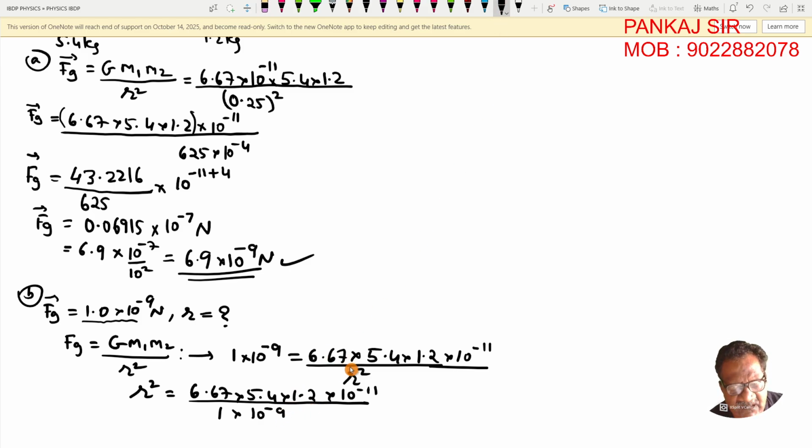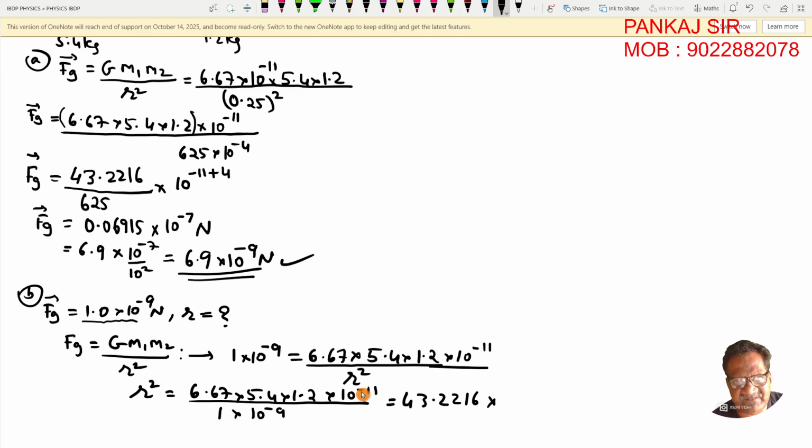Okay. Now if you work out just this much part, you will get the answer as r square, you are getting here, it's 43.2216 times, now this is 10 raised to minus 11 and this minus 9 will go up and become plus 9.